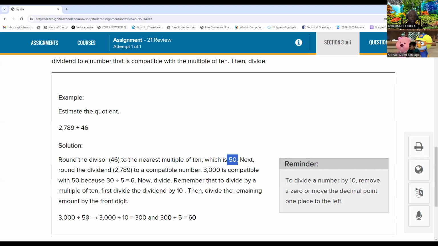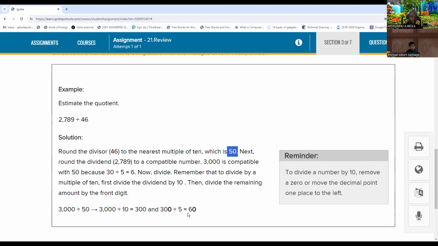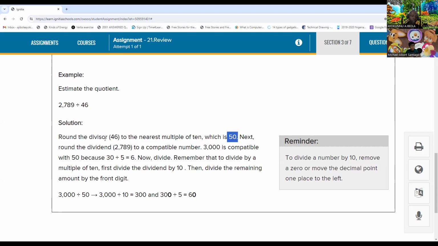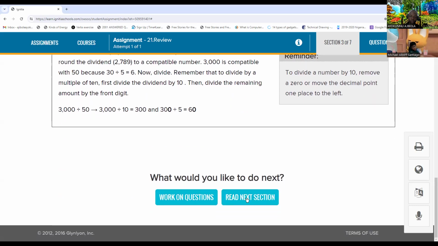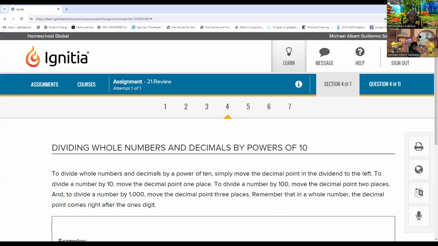So 3,000 divided by 50 gives us 3,000 divided by 10 first. Then that's 300, and we have 300 divided by 5, and that's 60. So 3,000 divided by 50 is 60, okay? Now let's go to the next session for work on questions.